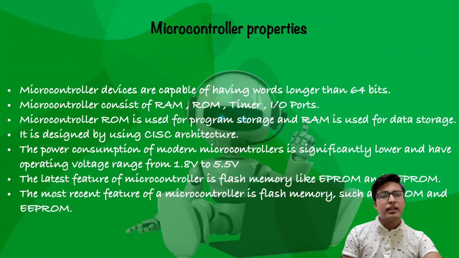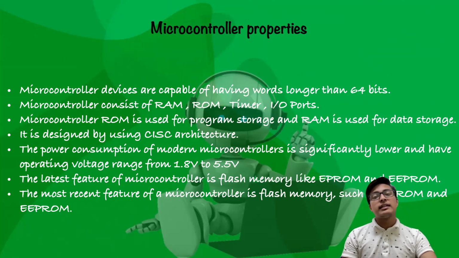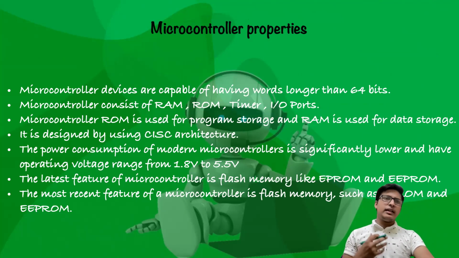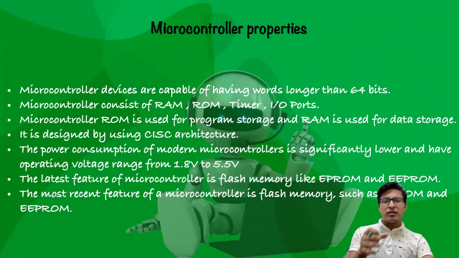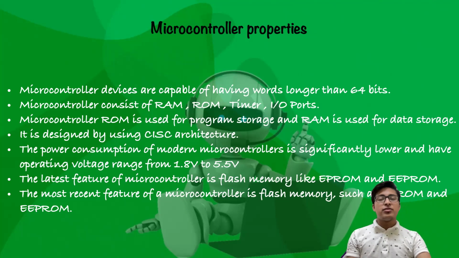Number one, they are devices capable of having words longer than 64 bits. Nowadays we don't measure information in KB; we need higher versions and memory units. They consist of RAM, ROM, timer, IO ports, all these functions, so timely occurrence and frequency distribution of the inputs can be done.